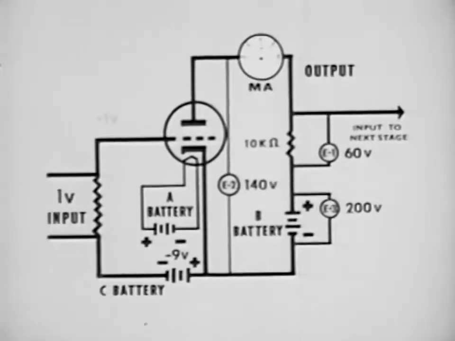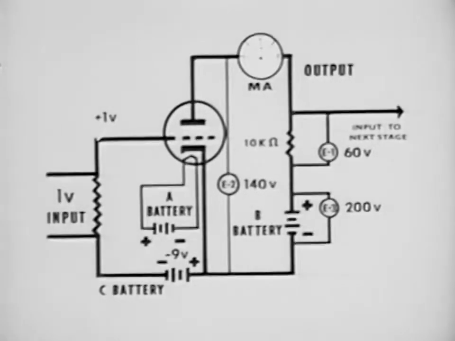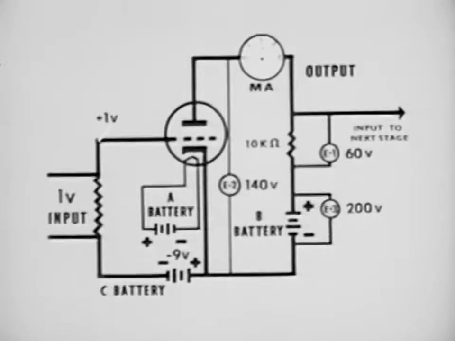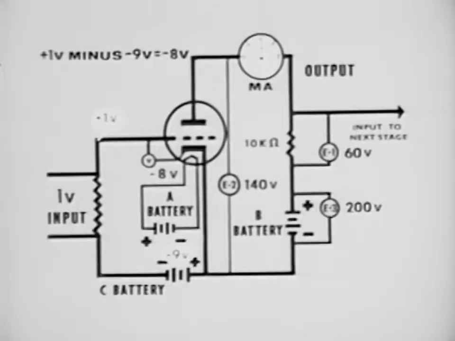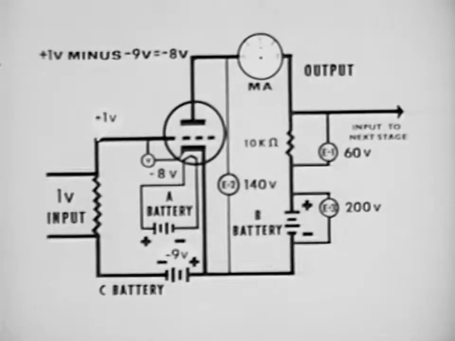When the positive portion of the signal reaches a peak of 1 volt, there is a difference of potential between grid and cathode of minus 8 volts. This is found by subtracting plus 1 volt from minus 9 volts. This reduction of the voltage difference between the grid and cathode allows more current to flow.